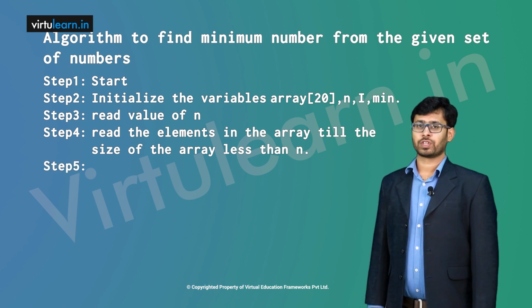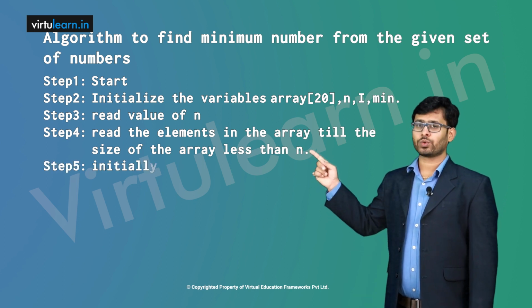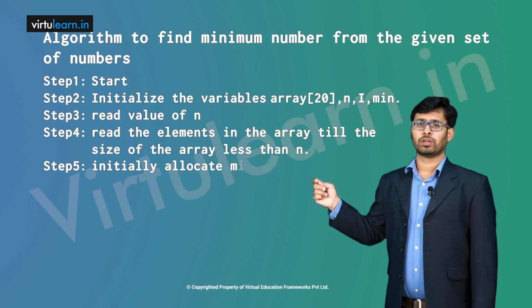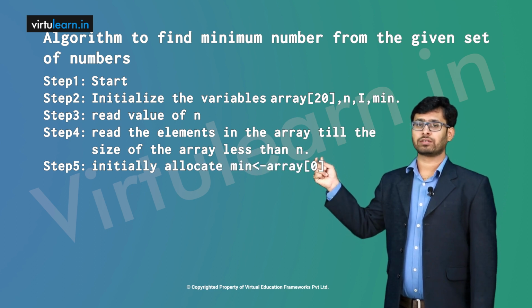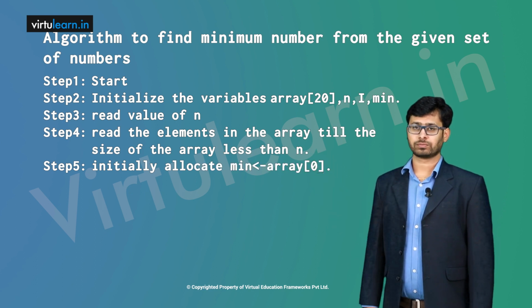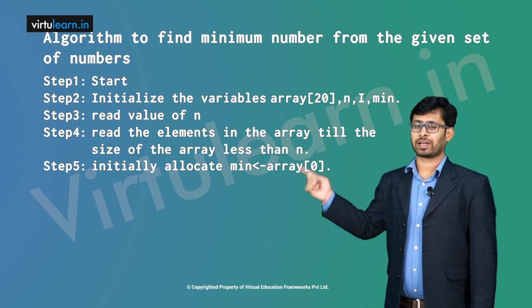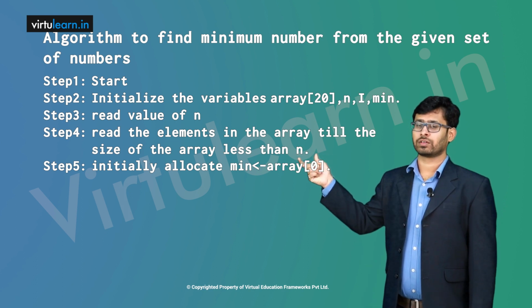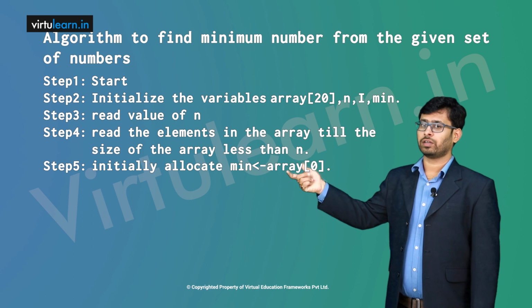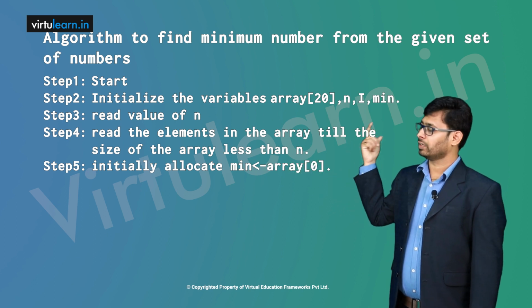Step 5, initially we need to allocate the minimum value as array of 0. We allocate this in order to compare this particular element with all the elements present in the array.